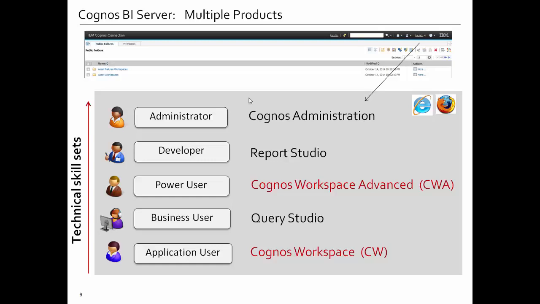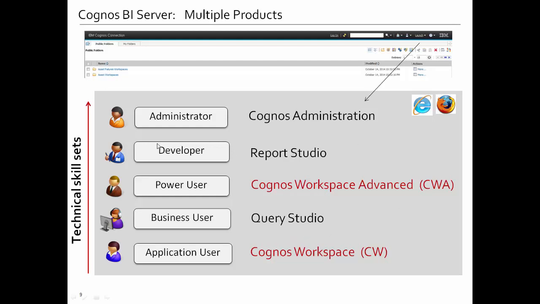So again, to highlight what we've talked about today, with Maximo 76, you're directly entitled to a number of Cognos products. The main Cognos product is the BI server, which contains all the different tools for your administration, report development, and viewing needs. 3 different tools for report development are included: Report Studio, Cognos Workspace Advanced, and Query Studio.